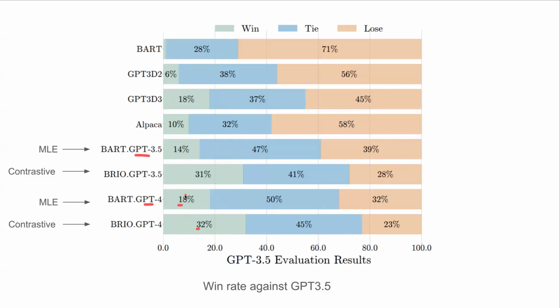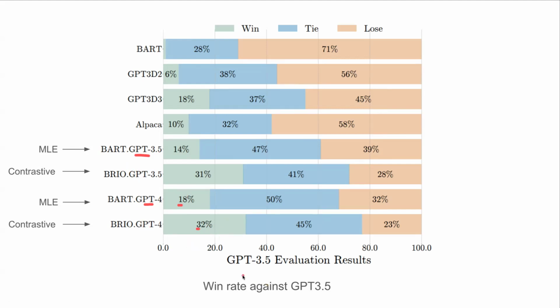However, this was an encouraging result, but it was a little too good for us to believe, because this is still a very small model, like 700 million parameters, and we didn't expect it to really outperform GPT 3.5.